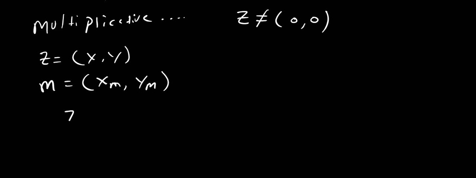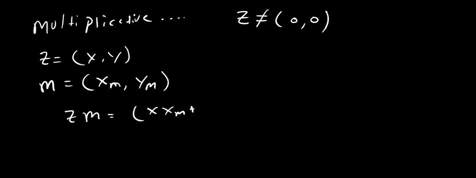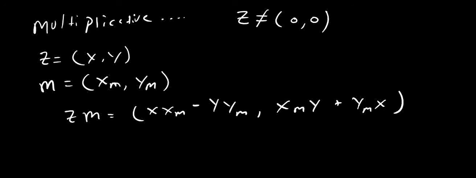And we're going to multiply these two together. z times m is going to equal x times xm minus y times ym, comma, then we're going to have xm times y plus ym times x.